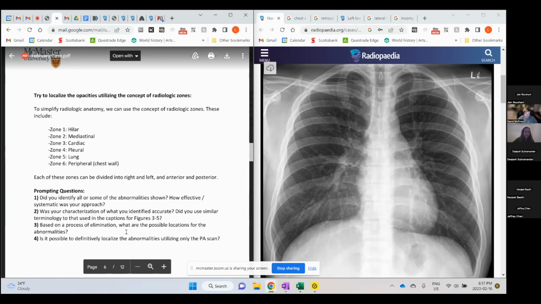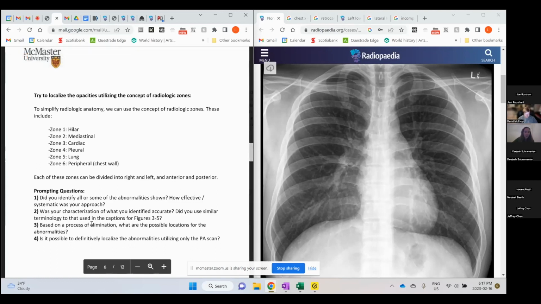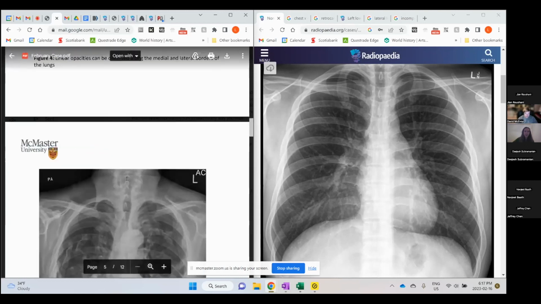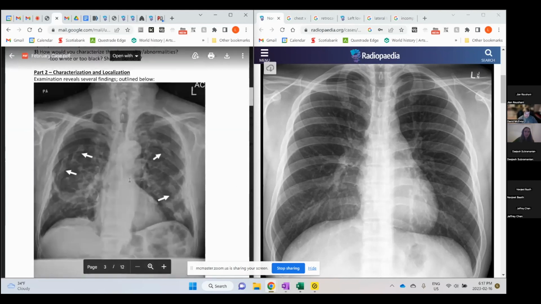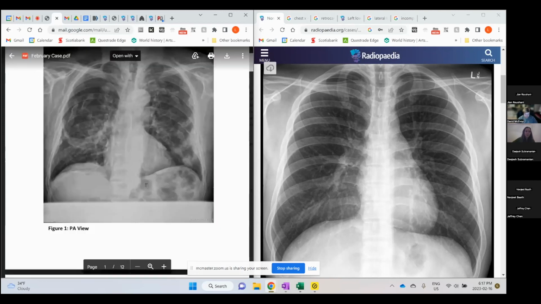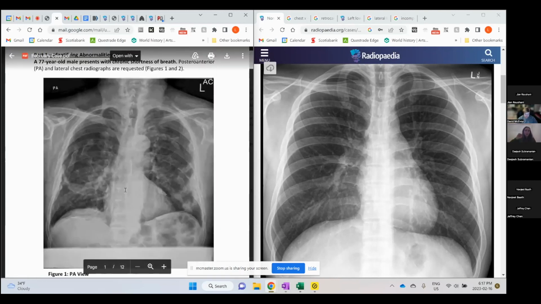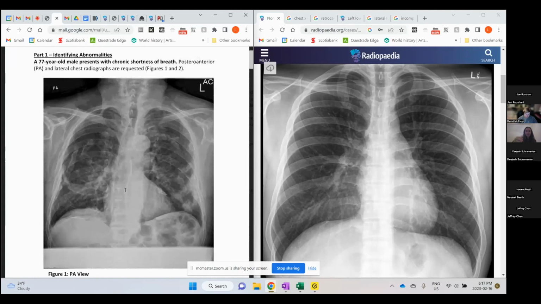Okay, so does anybody want to take a stab at the location of the abnormalities? The X-ray beam on the way to the film, when it goes through your body, first goes through the chest wall, then pleura, then lung, then pleura.